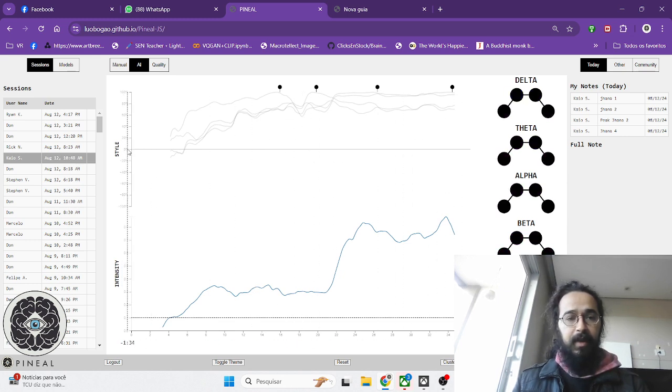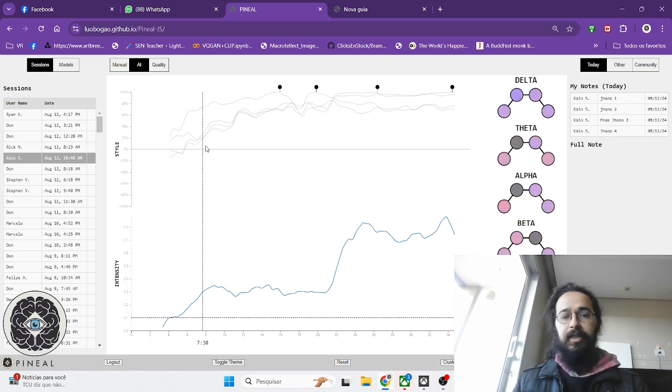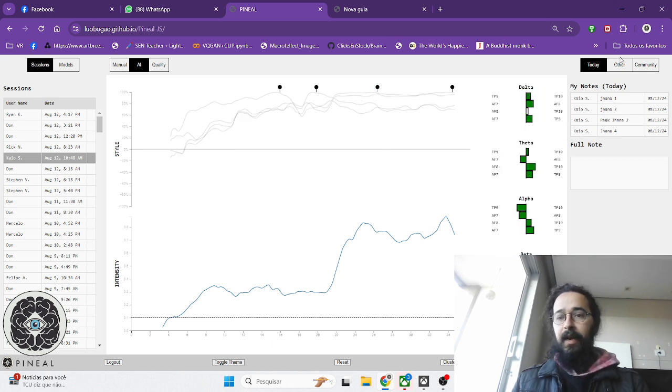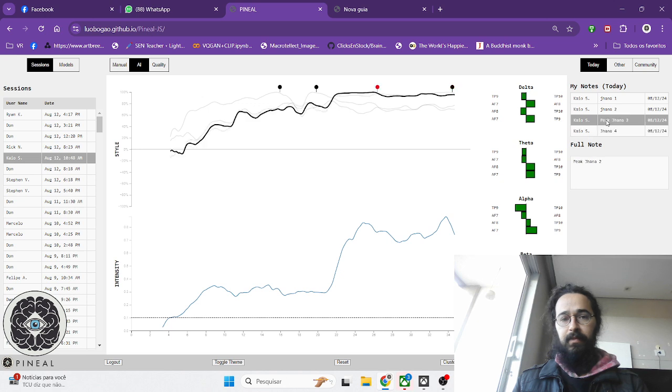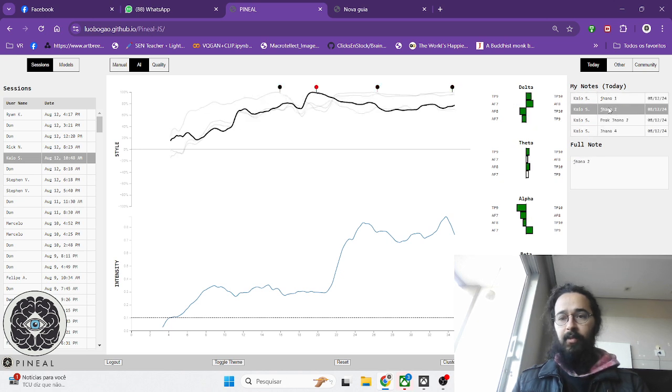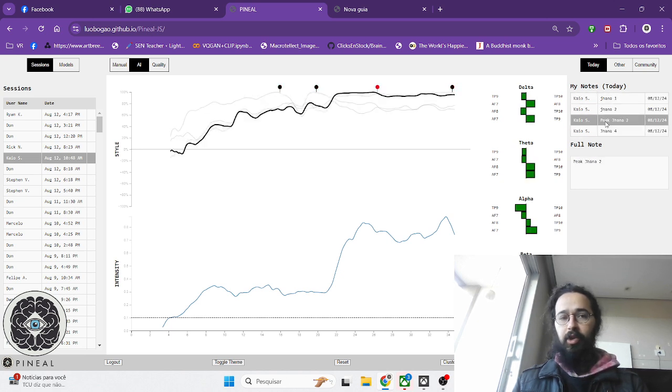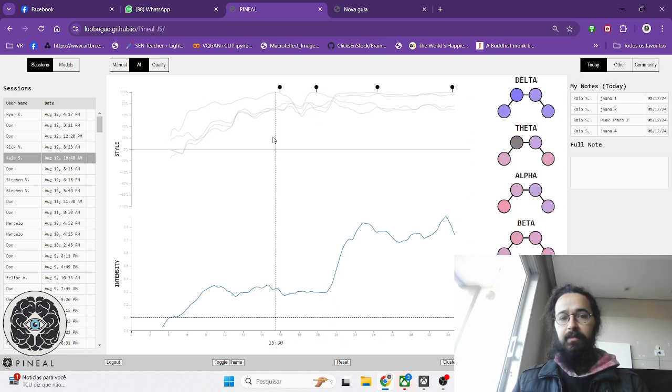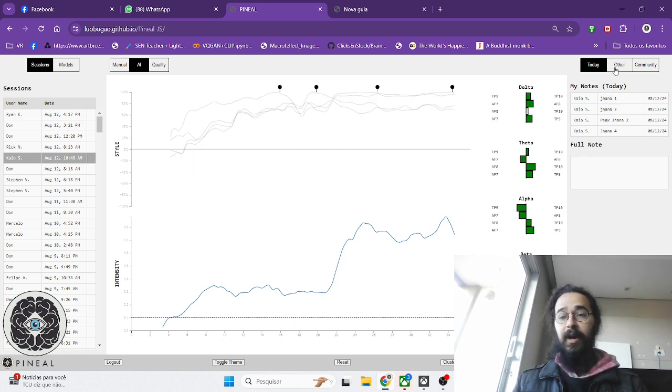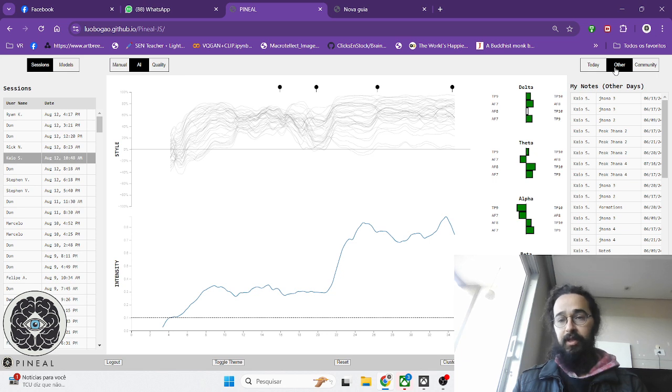It is pinpointing, it is writing here 0%. And for me to understand this type of AI graph, I can check my notes today. But what I really want to know here is this session in relation to my other sessions.